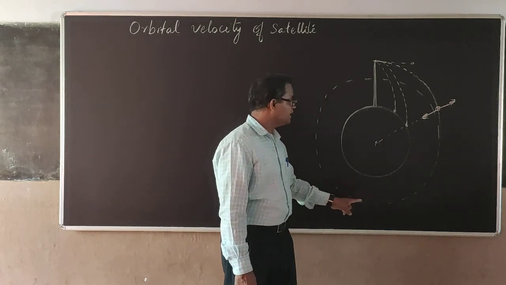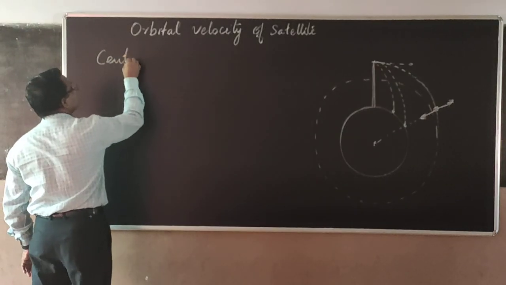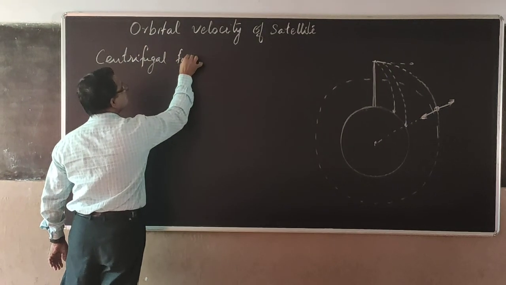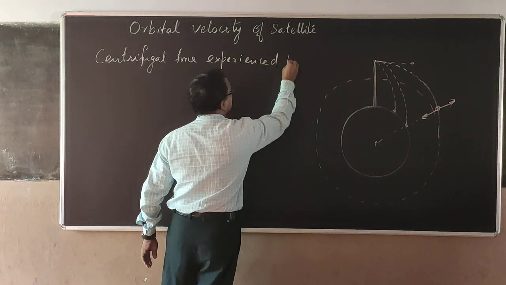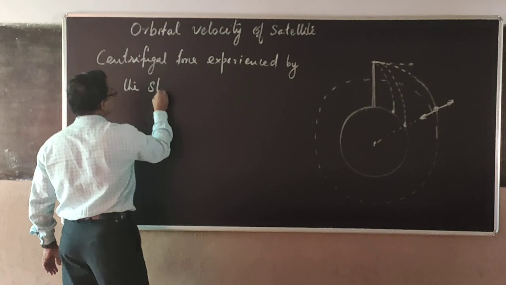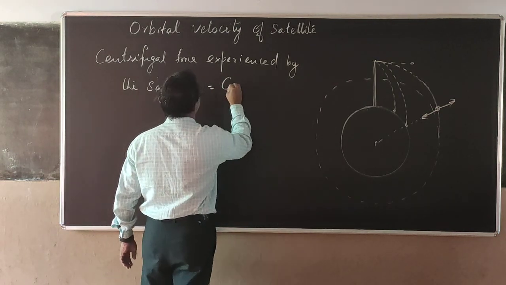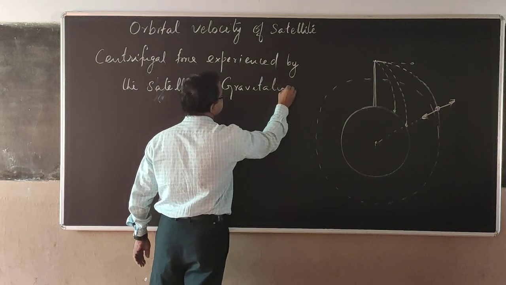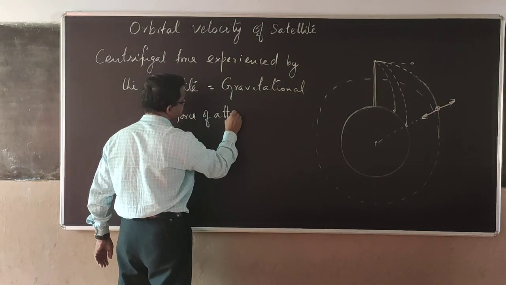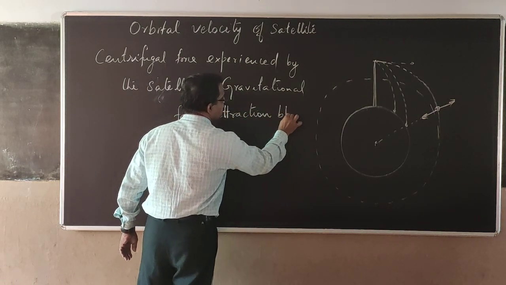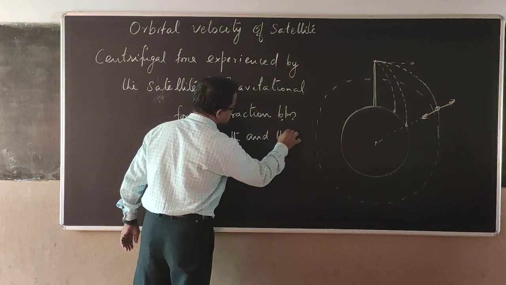So this is how satellite motion is obtained, and the condition for satellite motion is that the centrifugal force experienced by the satellite is equal to the gravitational force between the Earth and the satellite.